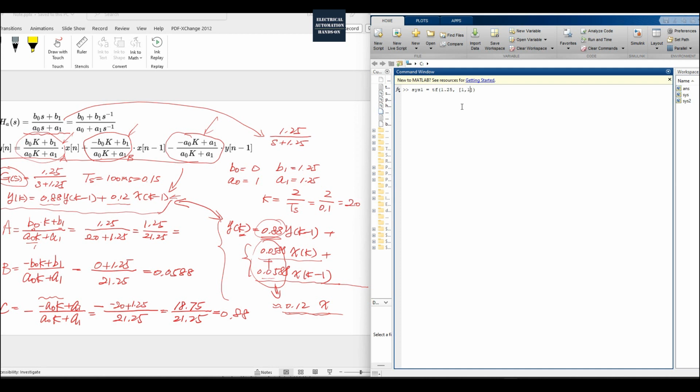We'll see this transfer function is exactly the same. Then we convert to the Z domain and involve the zero order holder, so the command will use c2d.